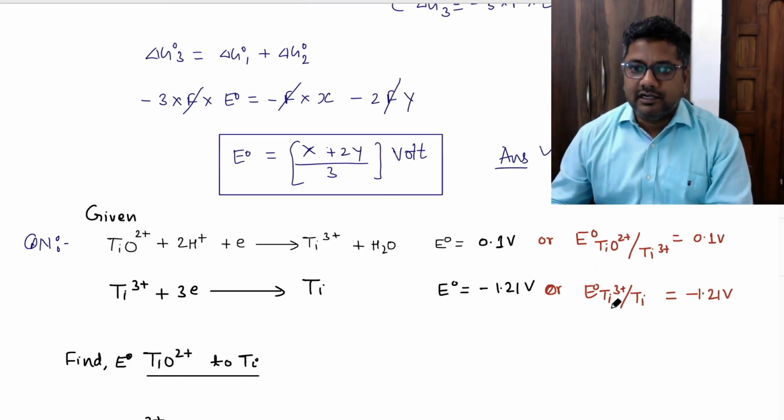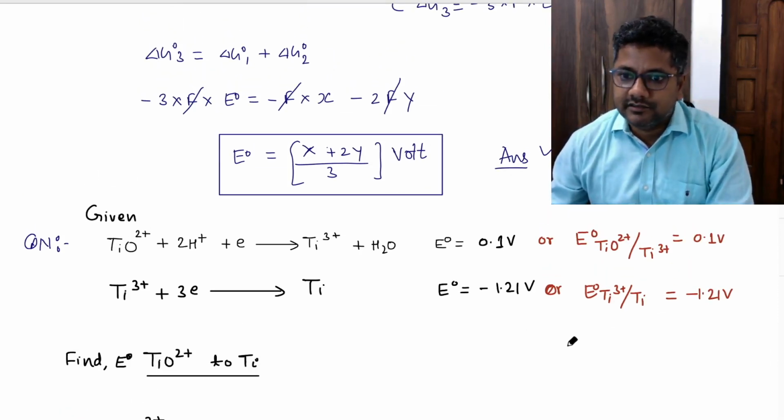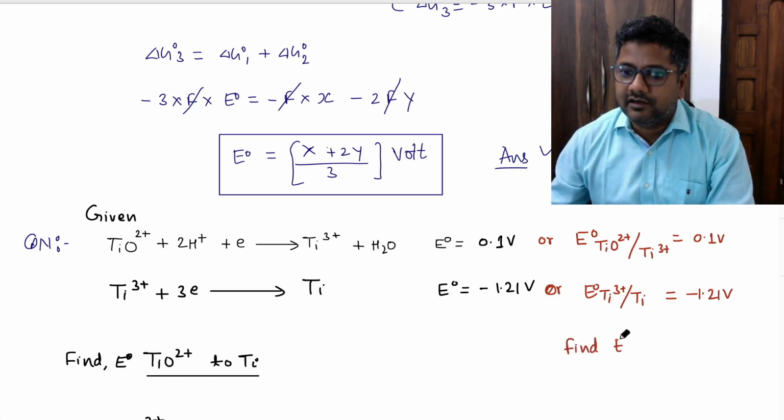And find E naught for TiO2 plus 2 plus to Ti.